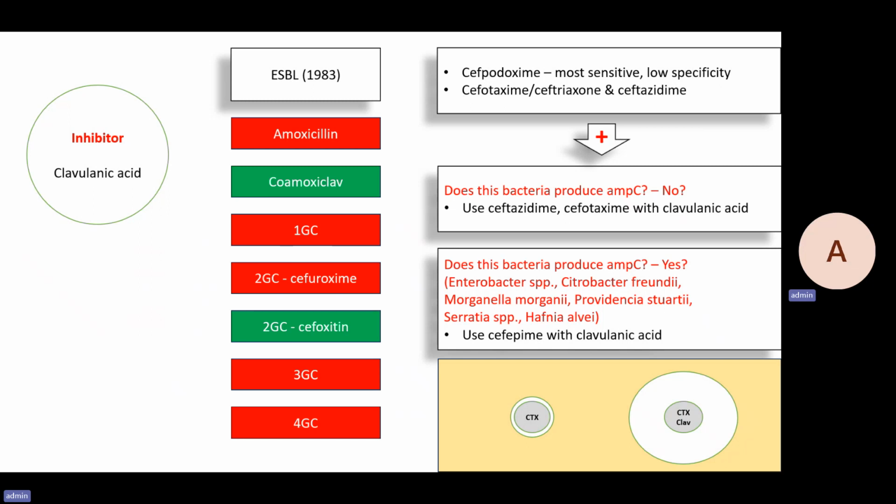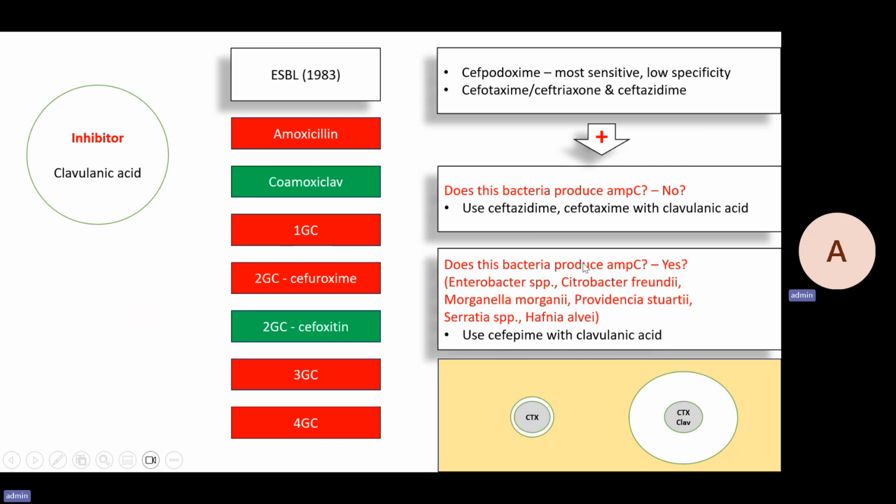If those bacteria are one of these which I mentioned here, like Enterobacter, Citrobacter freundii, Morganella morganii, Providencia stuartii, Serratia, or Hafnia, then you have to use fourth generation cephalosporin with clavulanic acid. This is because these bacteria are AmpC producers, and if you use third generation cephalosporin to test it, it will break down the third generation cephalosporin and your test will be invalid. So if you are testing an AmpC producing bacteria, then you should be using cefepime with clavulanic acid.